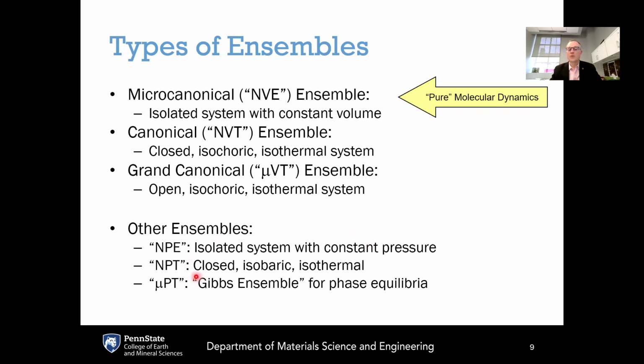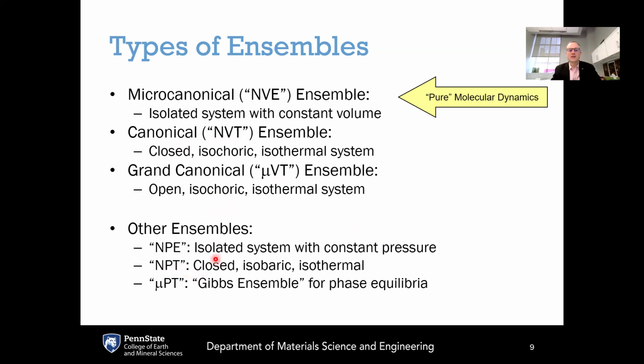One that is a lot more common is the NPT ensemble, which is a closed isobaric isothermal system. So for the NPT ensemble, it's kind of like the canonical ensemble, only instead of having a constant volume, we have a constant pressure. And this is used rather often because it does represent experimental conditions in many cases, because many experiments are conducted under constant pressure conditions rather than constant volume conditions.